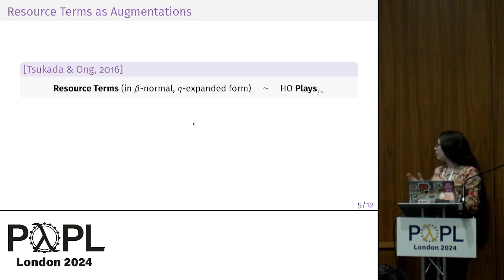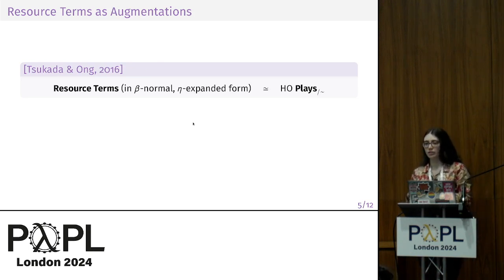The link between resource terms and game semantics is not completely new. There is a paper by Tsukada and Ong published a few years ago about an isomorphism between those resource terms and plays. More precisely, you take resource terms in beta normal, eta expanded form. I didn't mention it in the slides earlier, but we are working in a typed setting, and types for resource terms are exactly the same as types for the usual calculus.